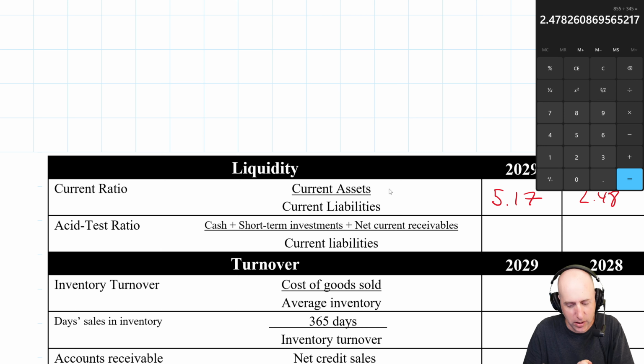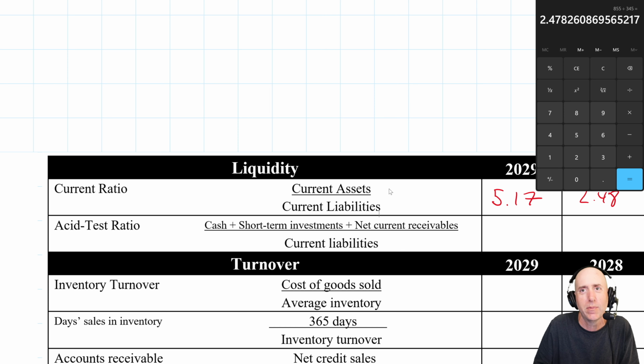Cash pays your bills. Receivables, most companies do pay if you're owed money, so receivables help you pay your bills. And if you had a bunch of Microsoft stock, you could sell it. Short-term investments help you pay your bills. So why don't we, rather than taking all the current assets, including inventory and prepaids, just take the very liquid current assets, total them up, then divide by current liabilities?